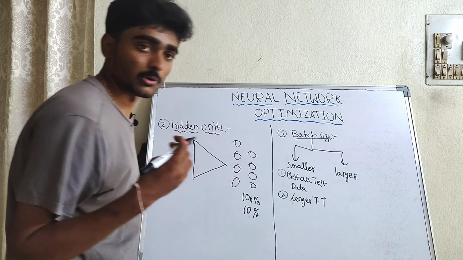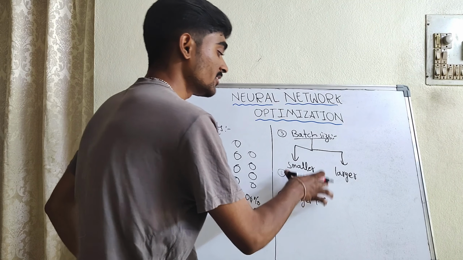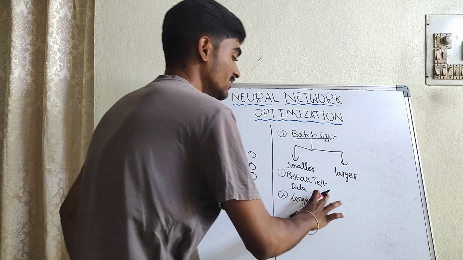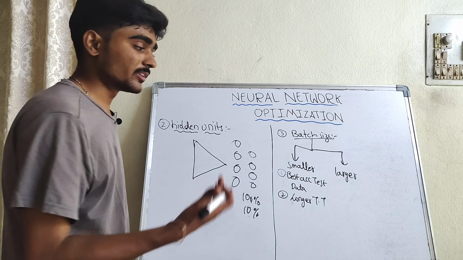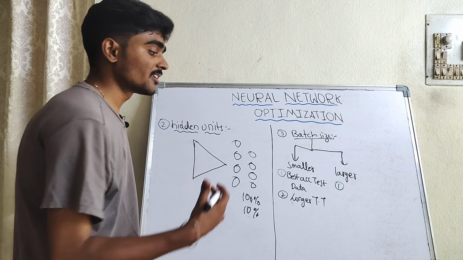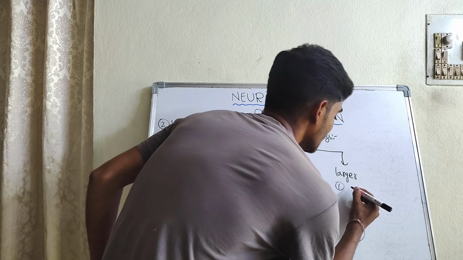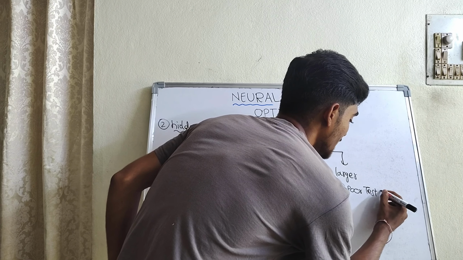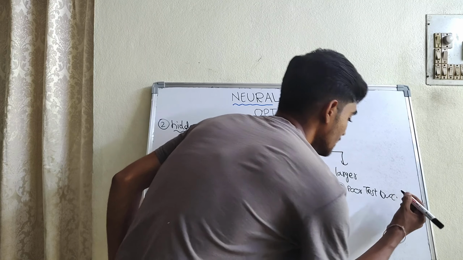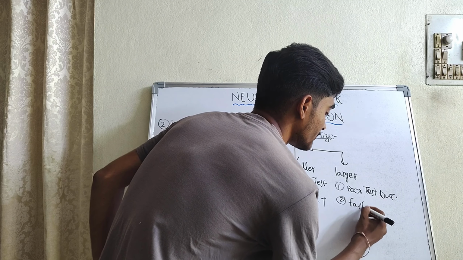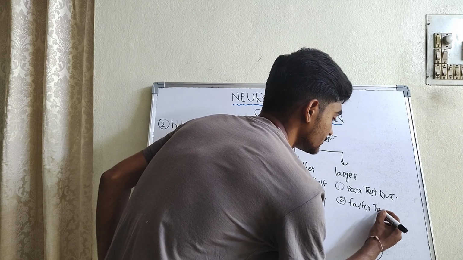This is the advantage and the disadvantage of going with the smaller batch size. Now when you go with larger batch size, the main disadvantage is poor test accuracy, but the advantage is you'll have faster training.